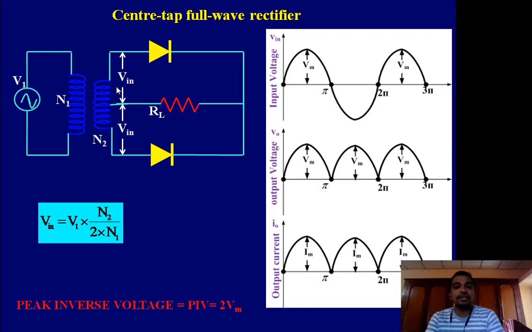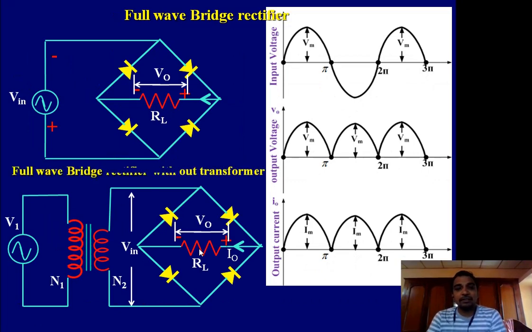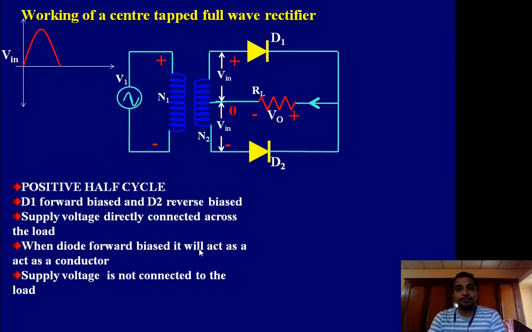Why? Because it is center tapped, divided by 2. Peak inverse voltage 2Vm. How we are getting it, we will discuss. This is the bridge rectifier, that also we will discuss. Center tapped rectifier.